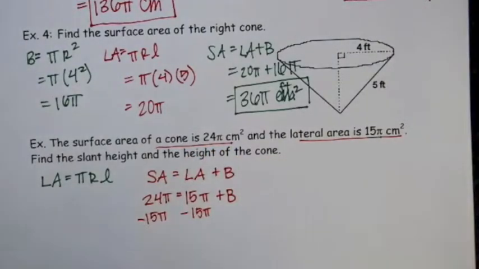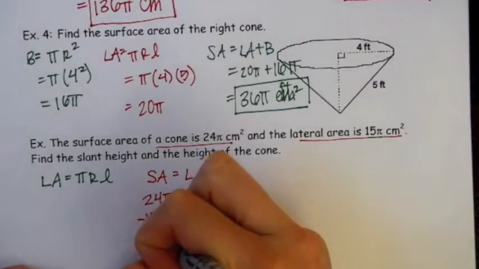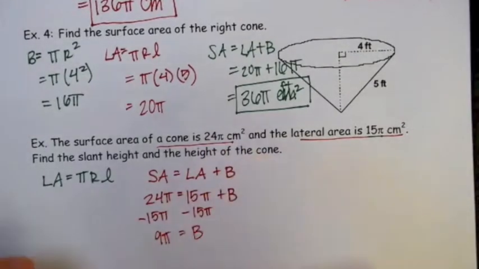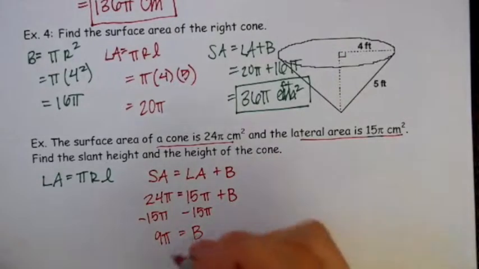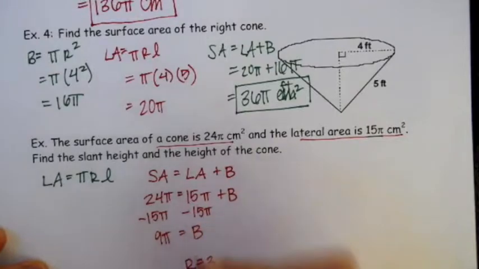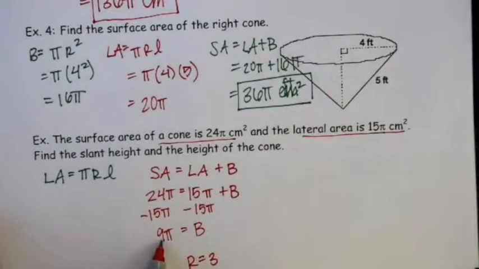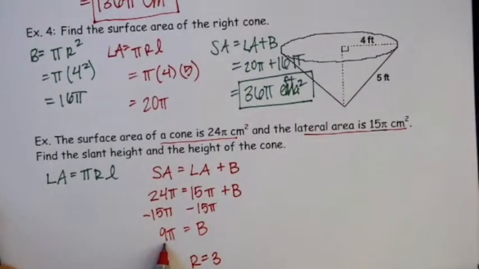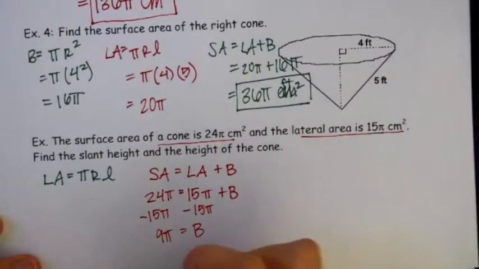And 24 minus 15 gives me 9 pi, which is my area of the base. So since my area of the base is 9 pi, I can find that my radius equals 3. The area of my base is pi r squared. So since this is r squared, I know my radius is 3. I'm going to go ahead and circle these so that I remember.